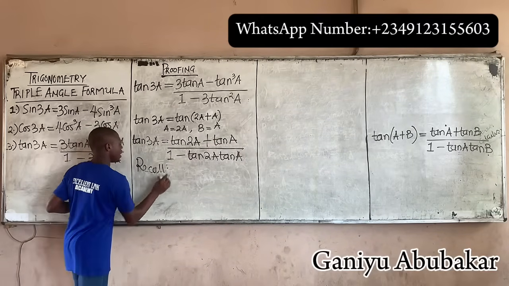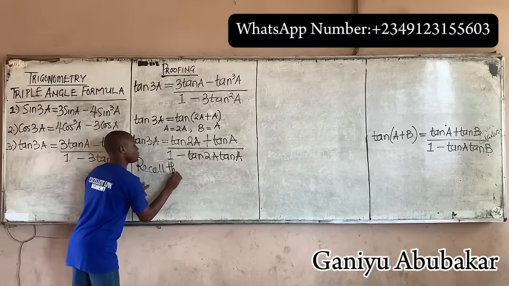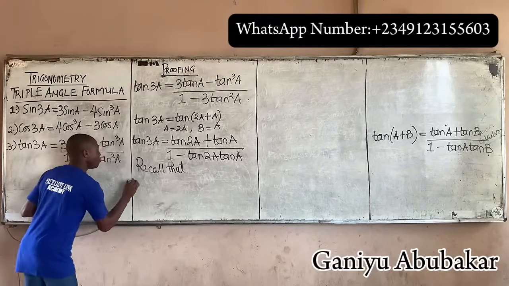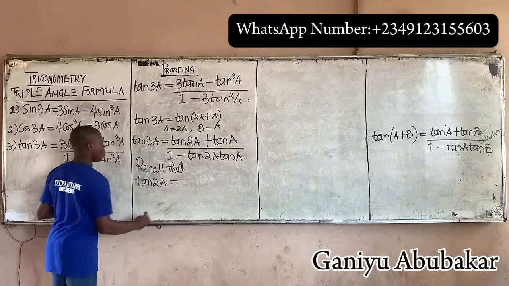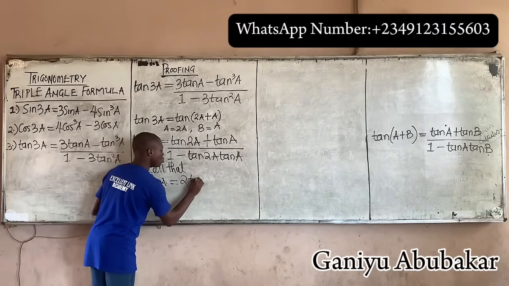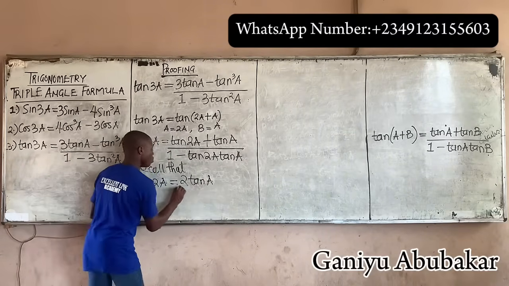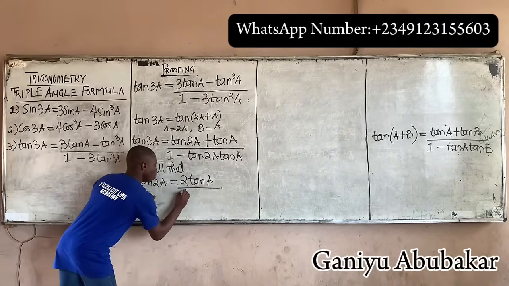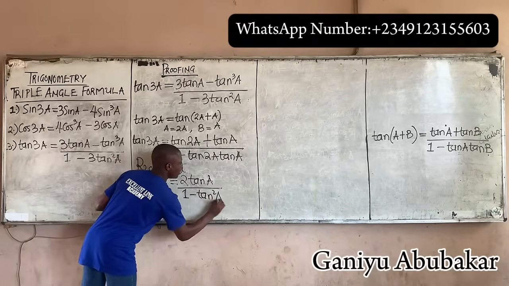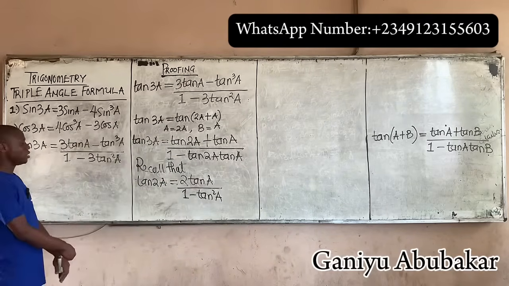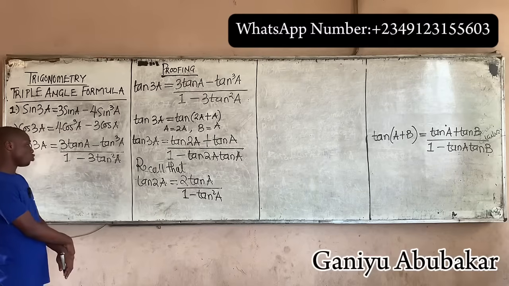Recall that the expression for tan 2A is equal to 2 tan A all over 1 minus tan squared A.